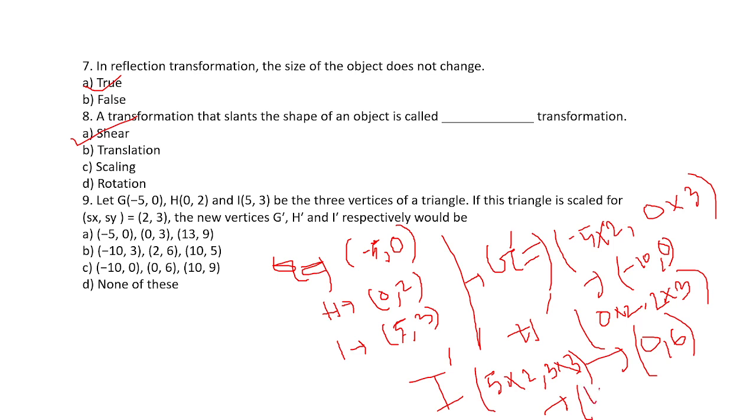So it will be 10 comma 9. So we are getting minus 10 comma 0, 0 comma 6, 10 comma 9. So it is similar to option C, right? So the correct option will be C.